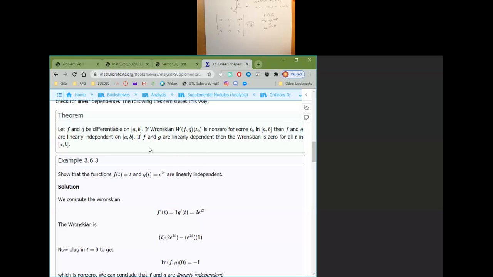So there are independent functions with a 0 Wronskian. Yes, okay, that is a concise and accurate phrasing.